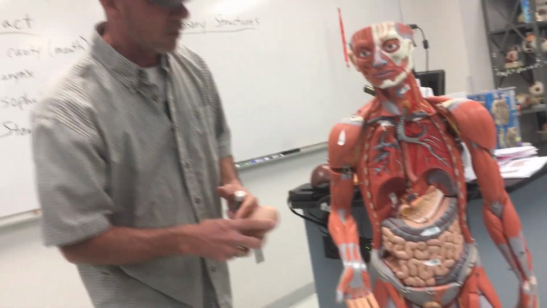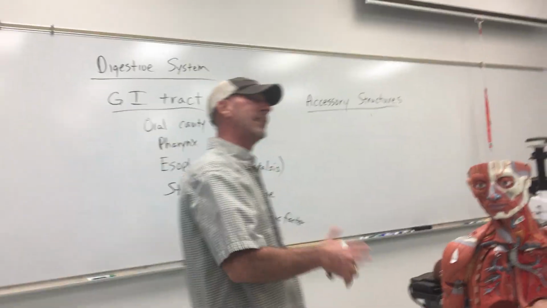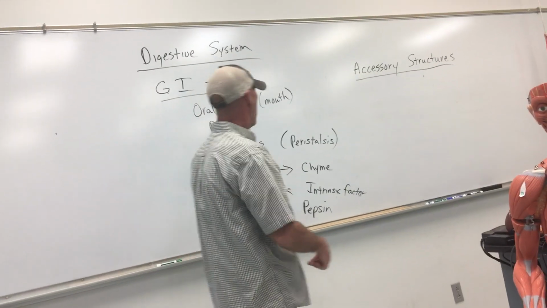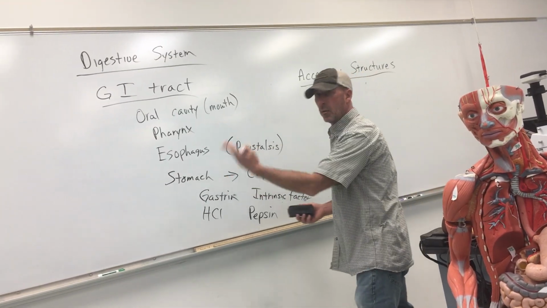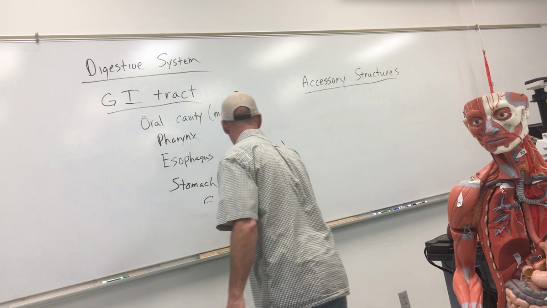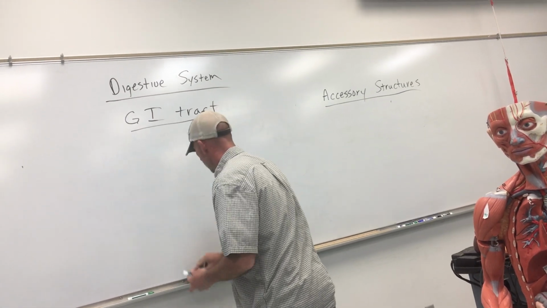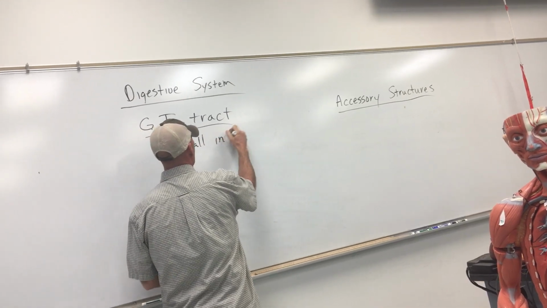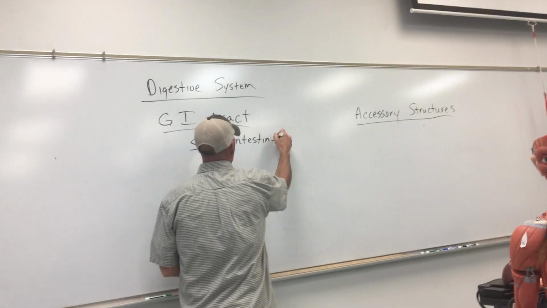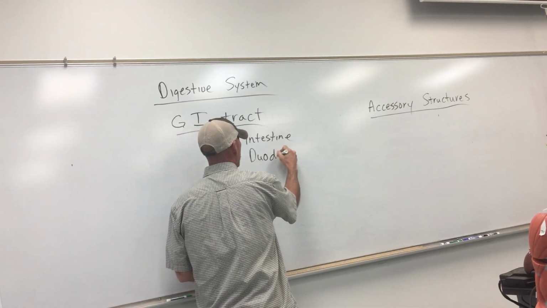Duodenum is a fairly short structure. It's not very long compared to at least the jejunum and the ileum. Let me erase up to the stomach, but following the stomach, we're now going to dump this into the small intestine. Now, in the small intestine, there's three regions I'd like you to know, and that is the duodenum.